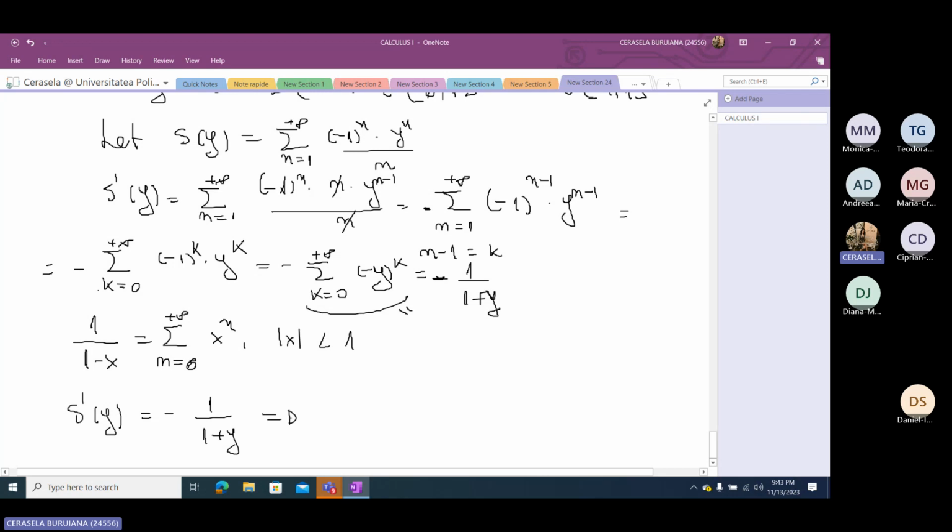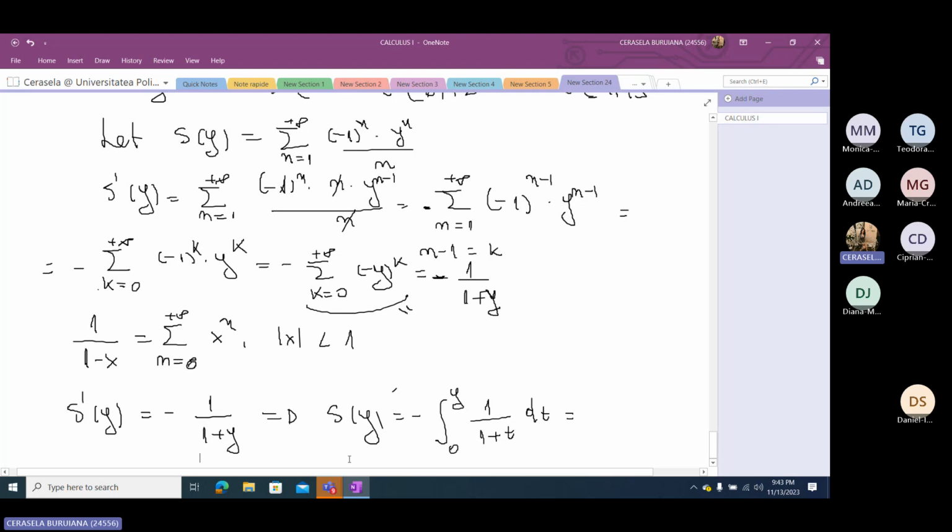Now, how can we determine S from here? We can integrate. Exactly, so it will be the integral, well, minus, the constant goes in front, minus the integral from 0 to y, I will take another variable here, let's say t, dt.